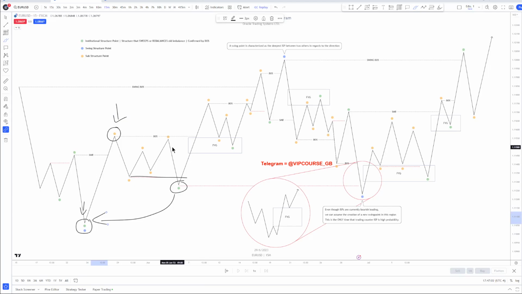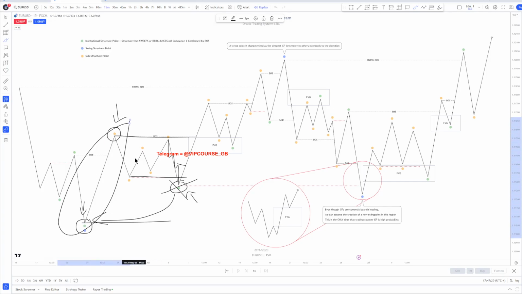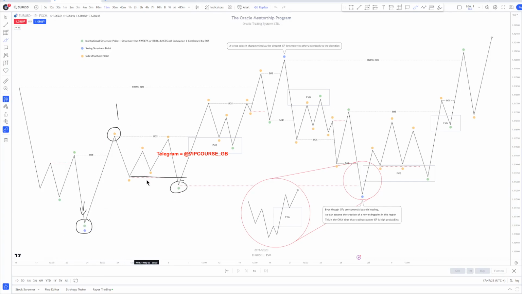Okay. So if we had structure like this, and this ISP here broke structure here, this is still unconfirmed. It is only confirmed when it externally breaks out of the previous institutional leg. So we view the leg like this.